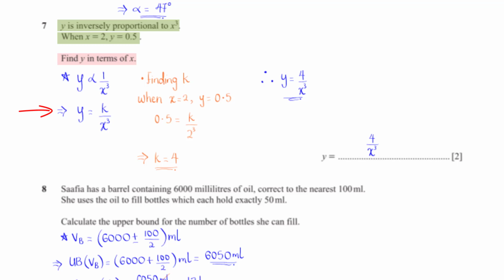And so this gives us 0.5 is equal to k divided by 2 cubed. And so k will be equal to 0.5 times 2 cubed, which is equal to 4. And so for our final equation of y in terms of x, we have y is equal to 4 over x cubed.